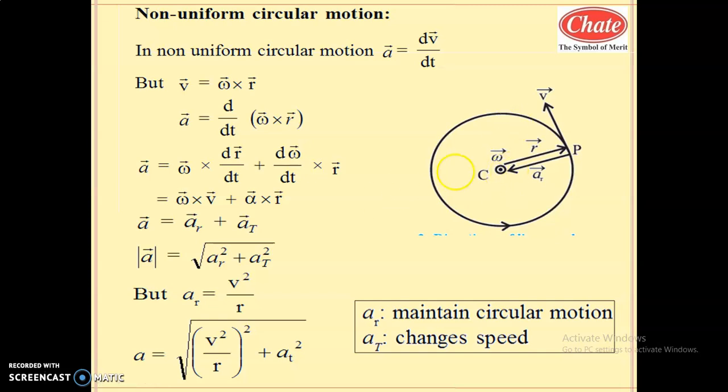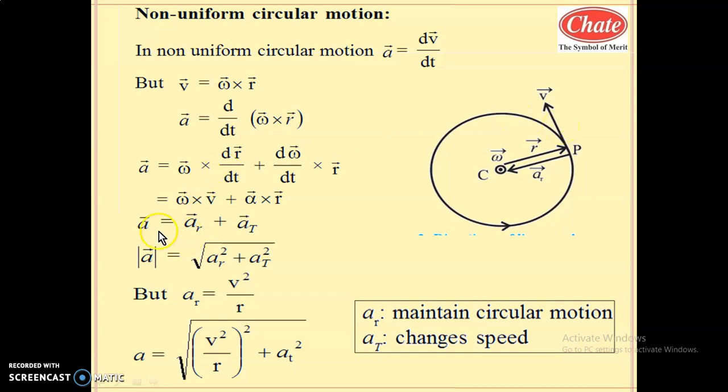So take the cross product alpha cross r, from the upward direction toward r. Then see the direction of your stretched thumb: it is along the tangent. So whenever we take the cross product alpha cross r, the direction of tangential acceleration is this.